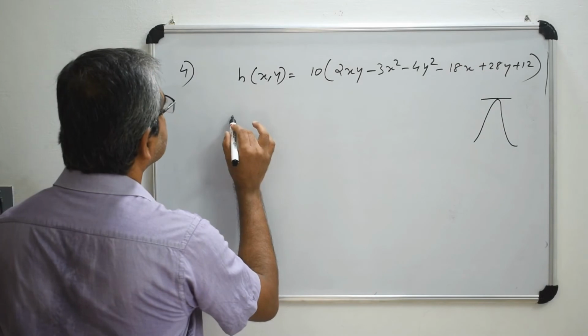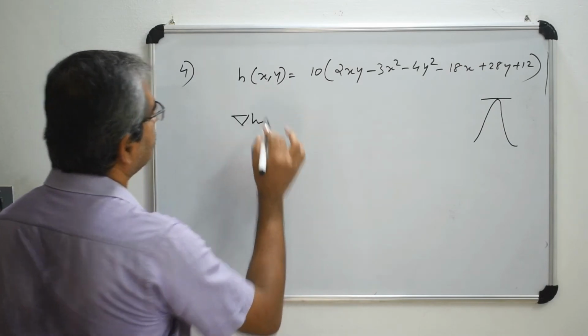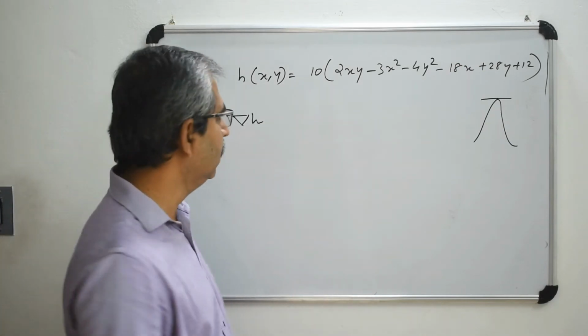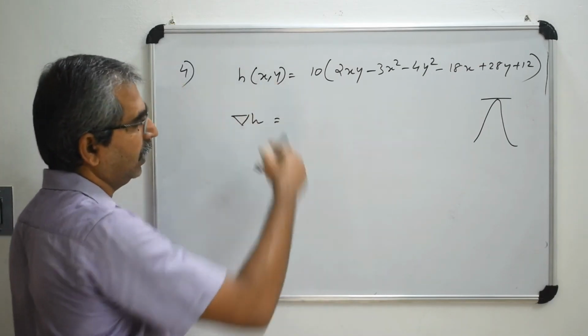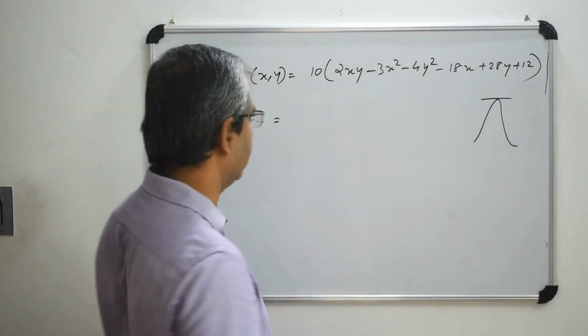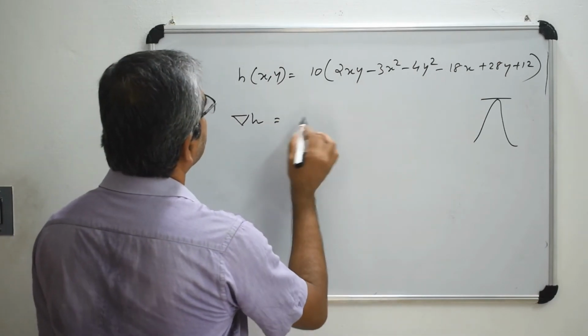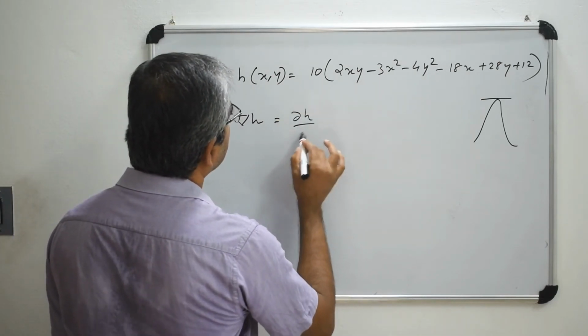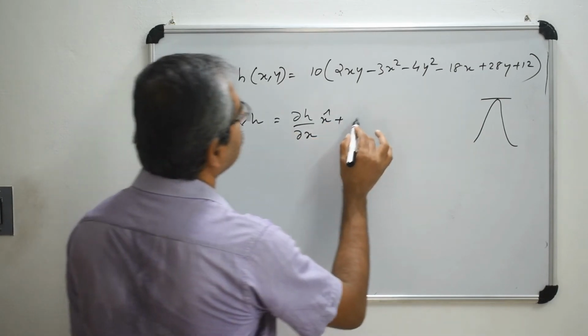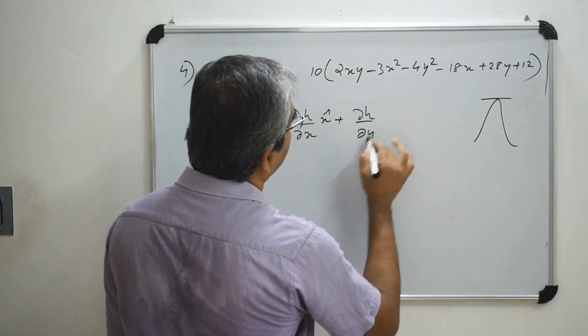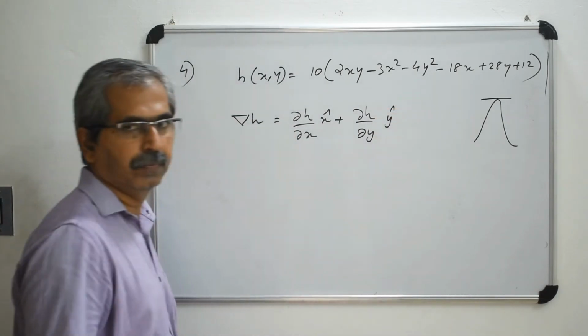So here you can take it as del h. Del h is the gradient, that is also the slope. See, x and y are the variables, so it is given in a single plane only. Two dimensional. So del h is dou h by dou x into x cap plus dou h by dou y into y cap.